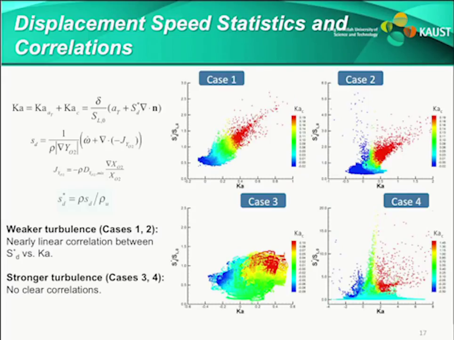But I have seen this before because it's a definition of the displacement speed. And that's why we probably want to use a consumption speed. But you can see that in cases 3 and 4, the stronger turbulent cases, we find some almost nebulous, uncorrelated behavior. So this is probably one other mark to show the flame is getting away from the conventional flamelet regime.